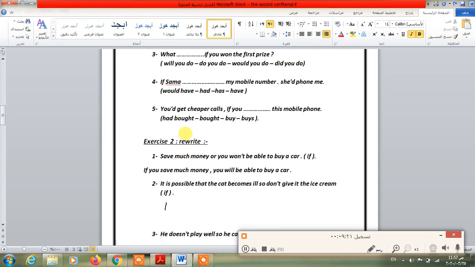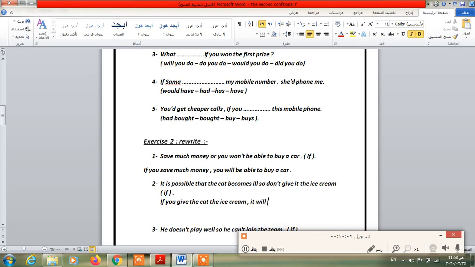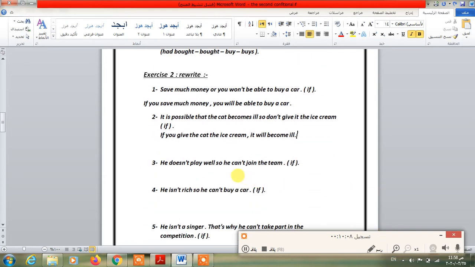The right answer is if you give the cat the ice cream, comma, it will become ill. Full stop.